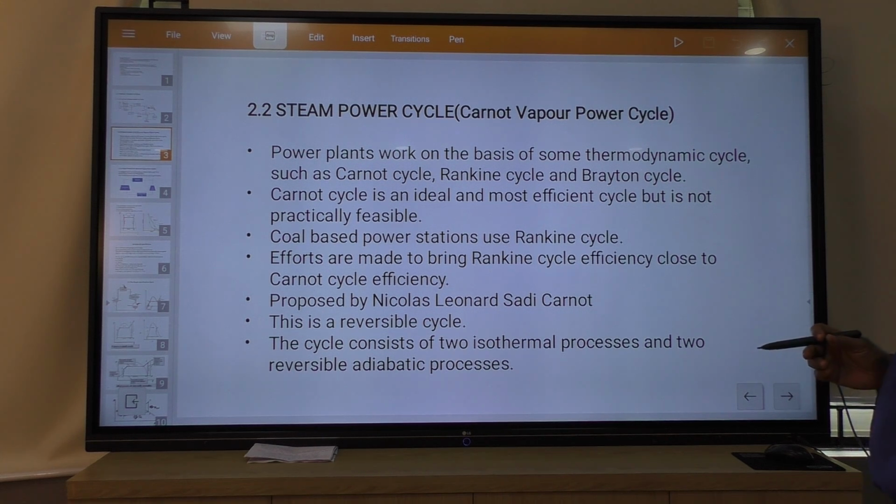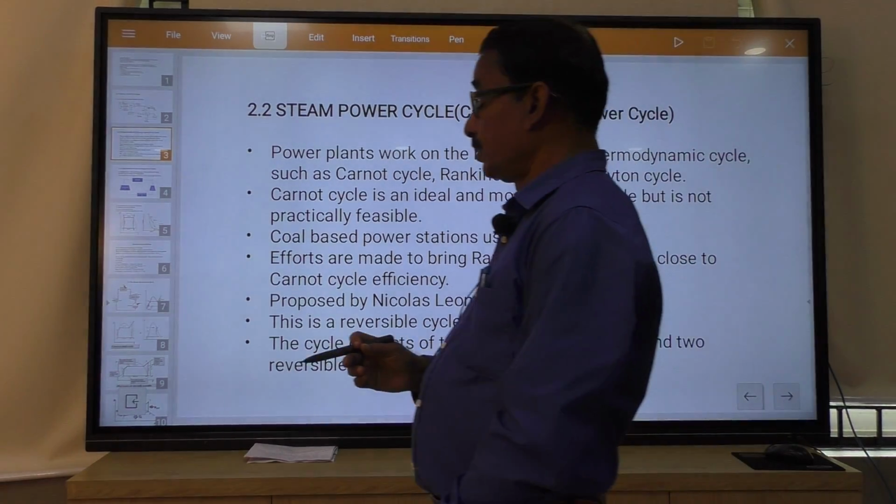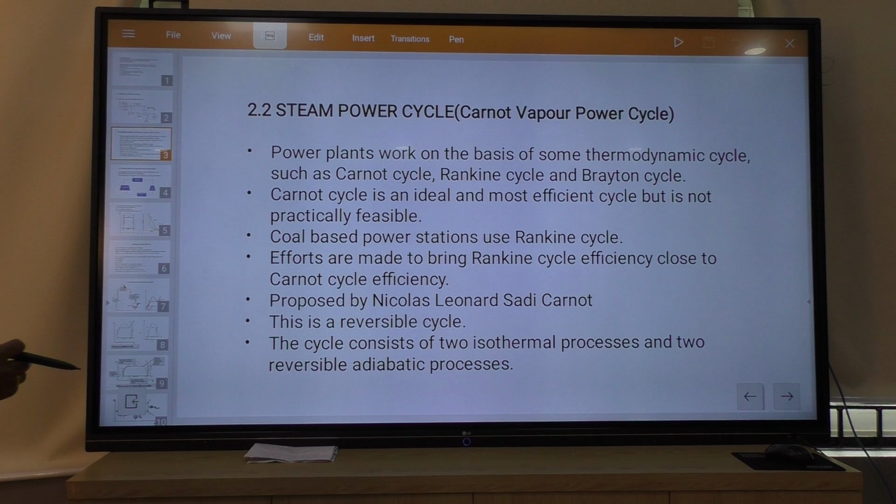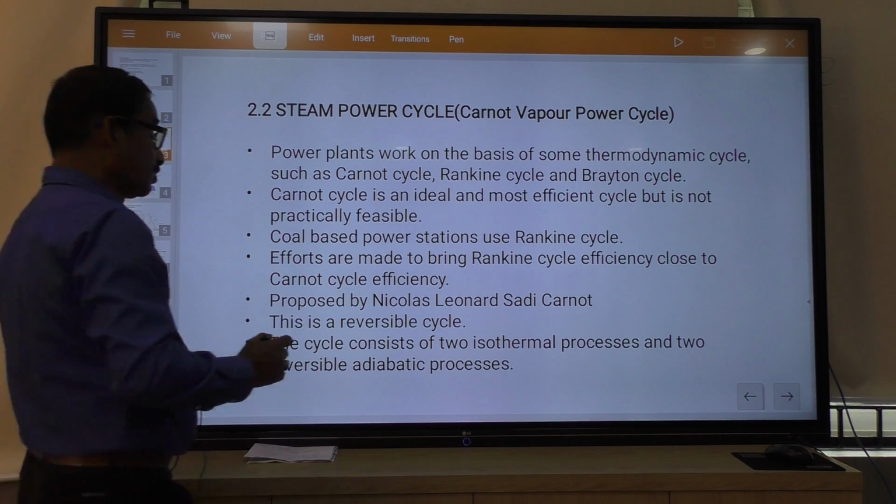The cycle consists of two isothermal processes and two reversible adiabatic processes. So, remember there are 4 processes. Two are isothermal, another two are reversible adiabatic processes, also known as isentropic processes. Isentropic is a reversible adiabatic.